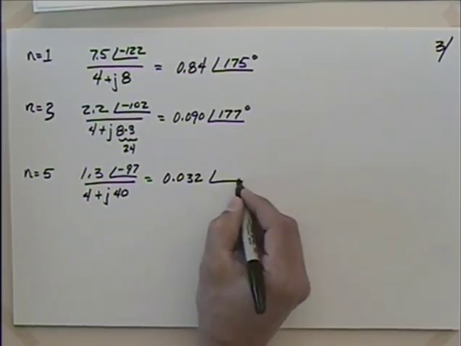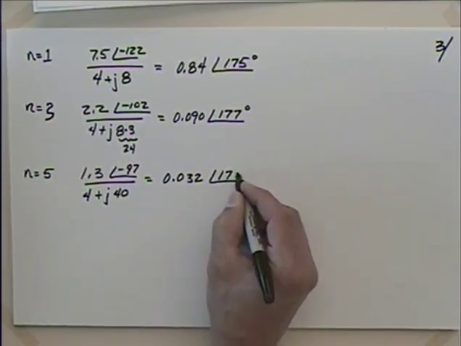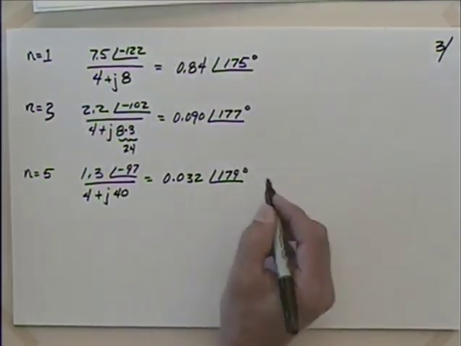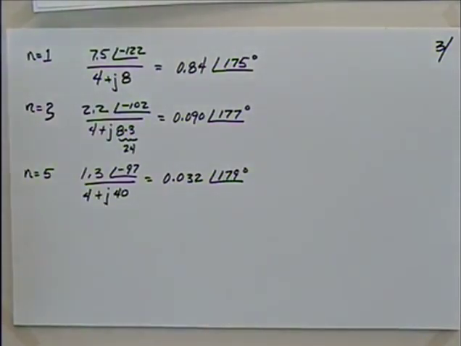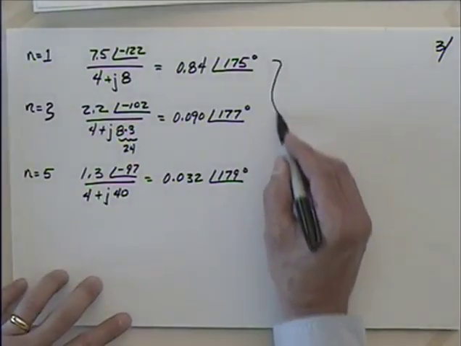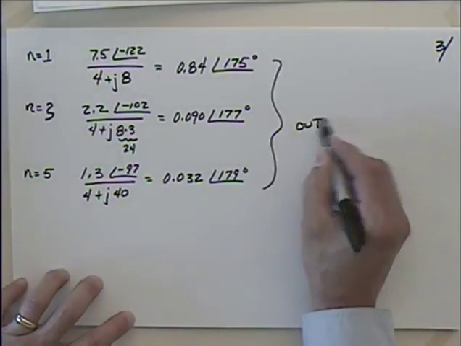That gives 0.032 at an angle of 179. So we're getting a little phase shift. The values are getting quite a bit smaller. But this is the phase spectrum for the output.